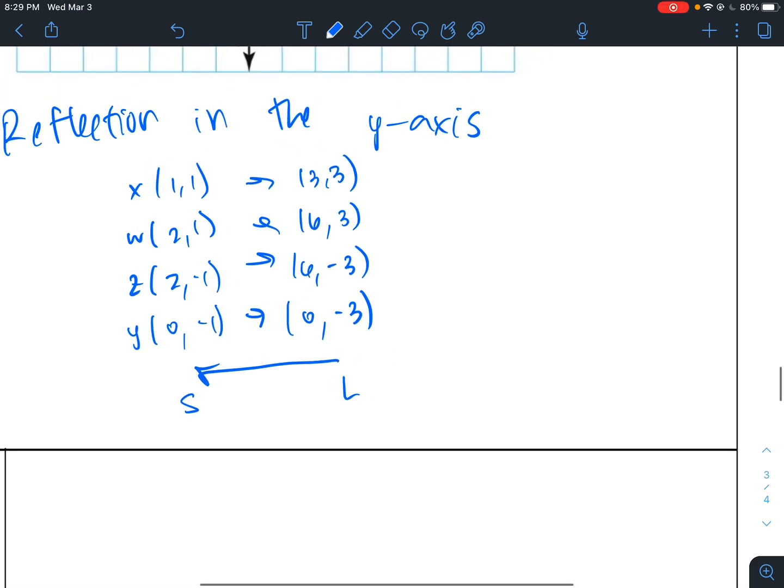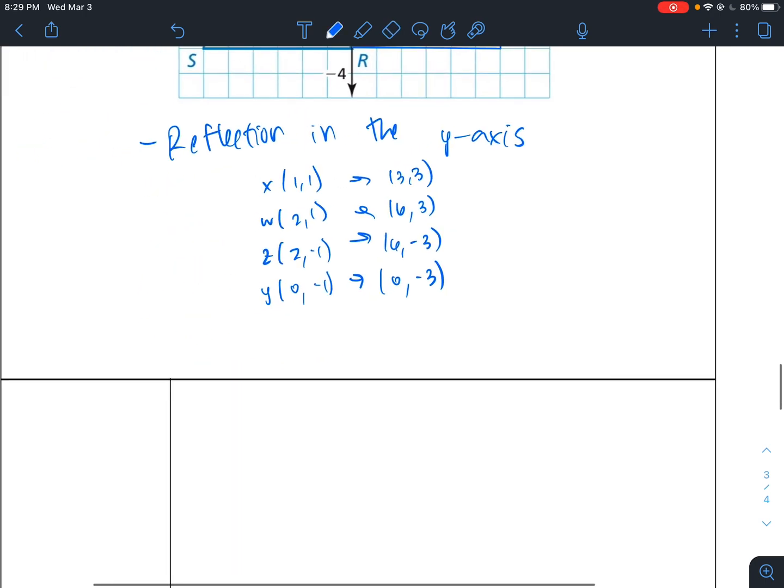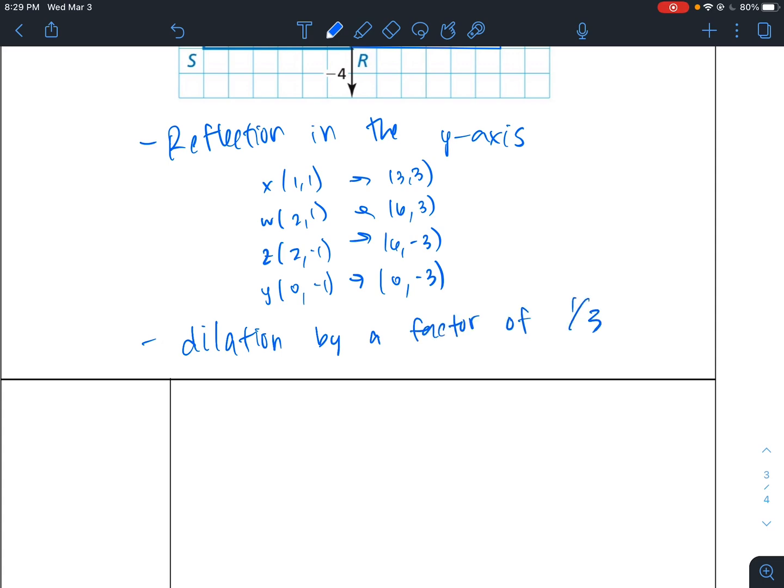So that means that my dilation has to be by 1/3. So dilation by a factor of 1/3. Because that's how I get from here to here, by multiplying everything by 1/3 or dividing by 3.